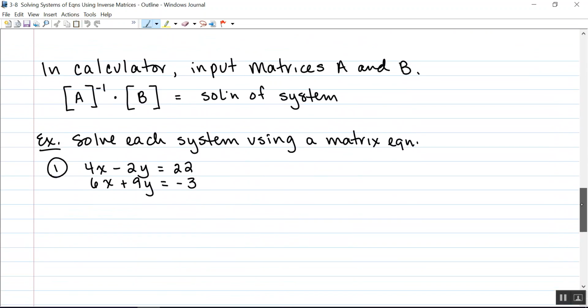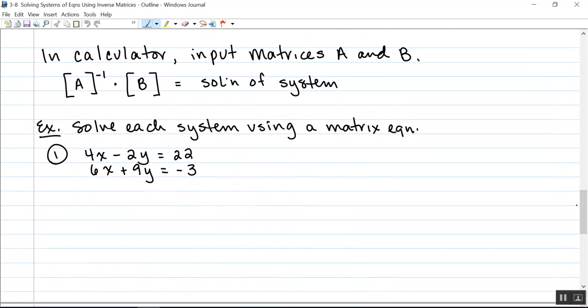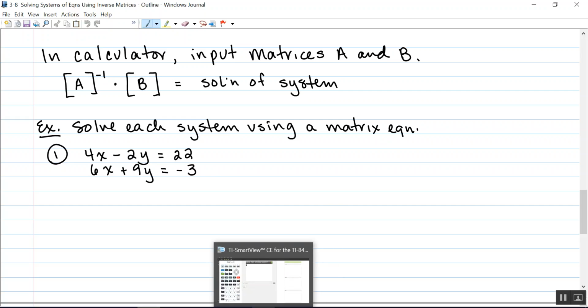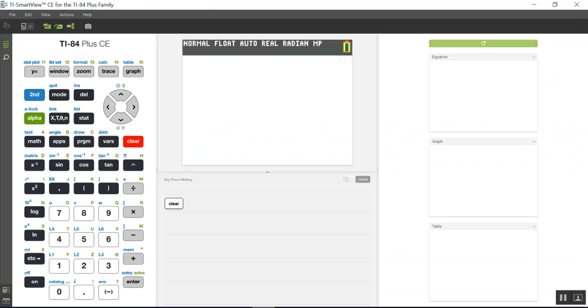So let's take a look at how this is going to work. In your calculator, you can input matrices A and B and do this using the operations. Let me pull up my calculator and show you. Here's your calculator, and we haven't done a whole lot with matrices in the calculator yet, but you'll notice over this button right here, it actually says matrix.